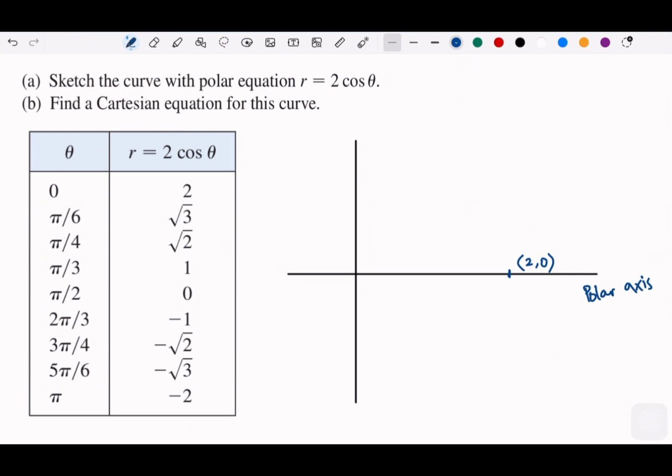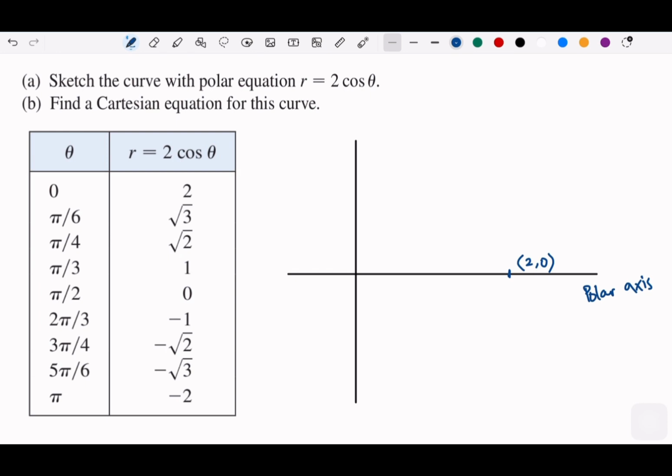And then suppose theta is increasing, so we move to pi over 6. Pi over 6 gives around square root of 3, and you can simply approximate the square root of 3 in decimals to make it simple. Maybe it's around here.